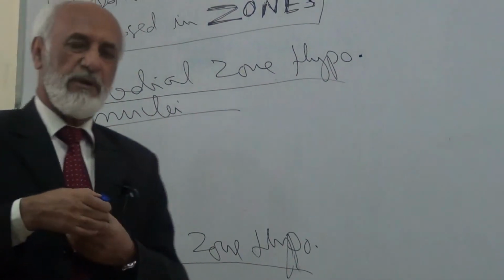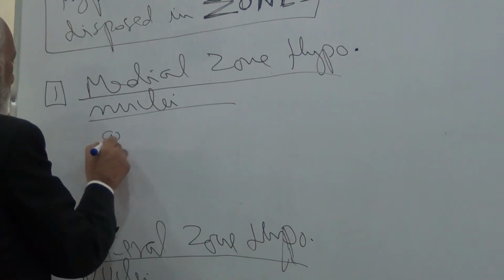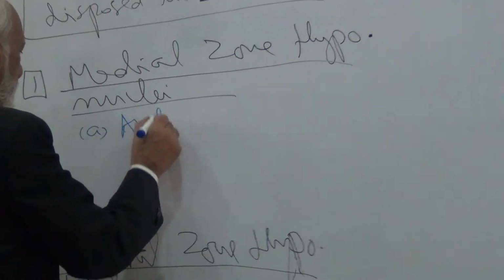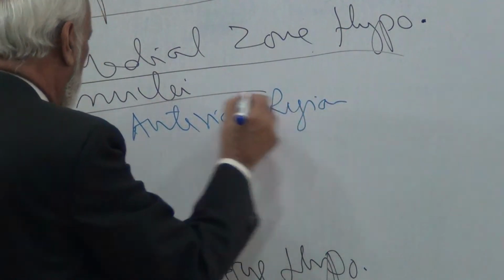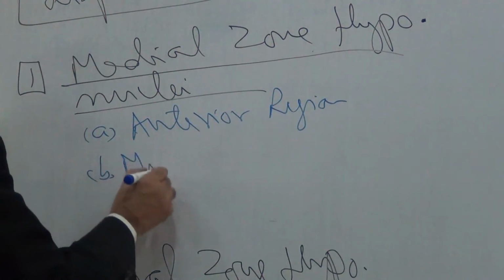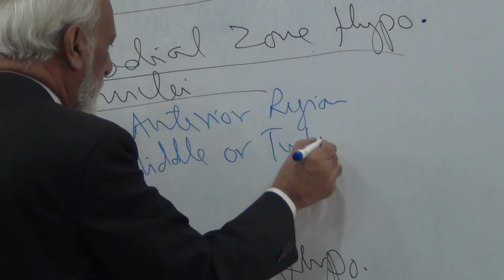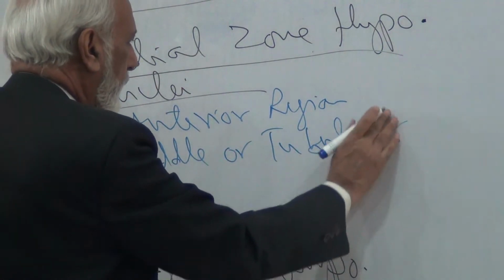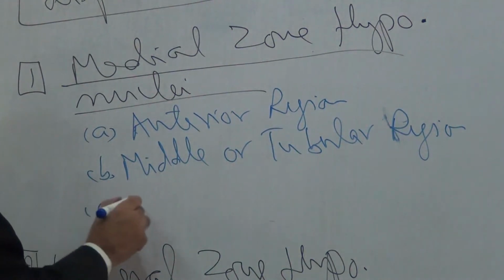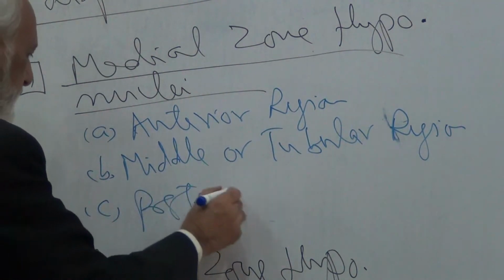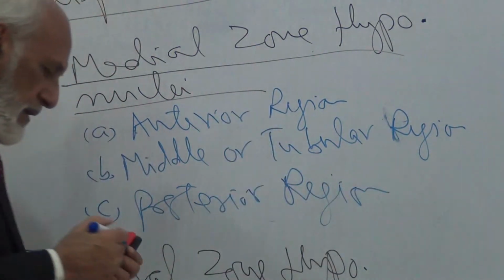The medial zone of hypothalamic nuclei is further divided into anterior region, middle or tubular region, and posterior region nuclei.